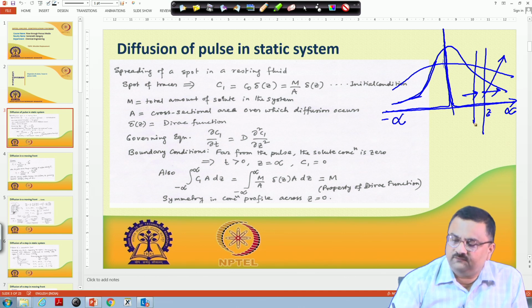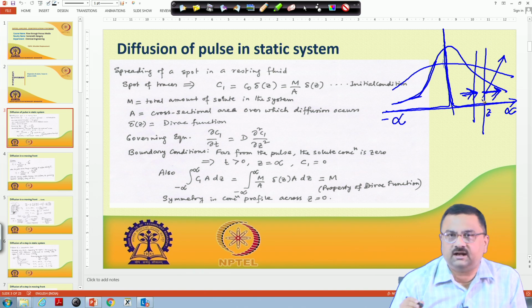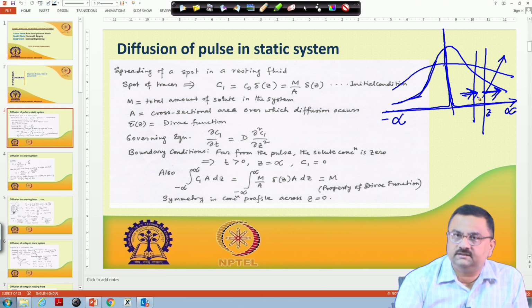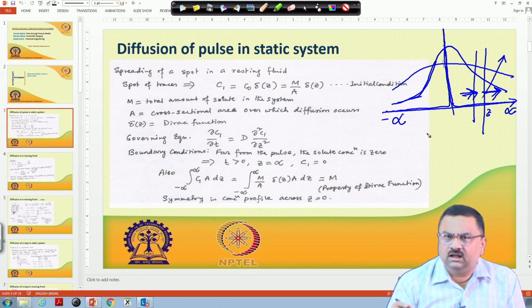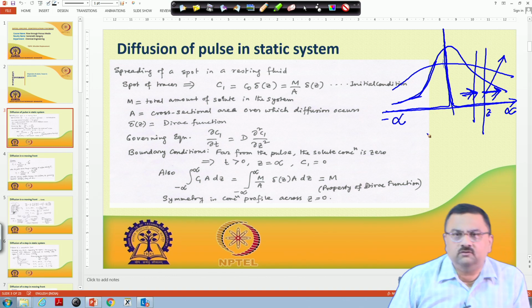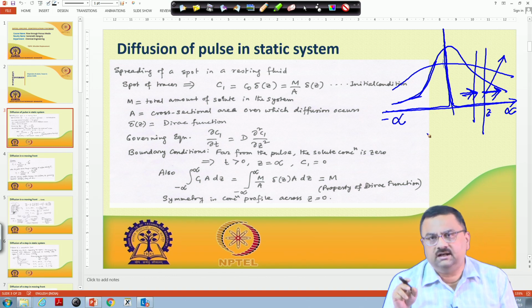We found out how much flux is going in from the left end and how much is leaving from the right end, and the difference will give you the accumulation in that place. I think I have talked about this earlier also; if you go through the video lecture, we had a detailed discussion on this.